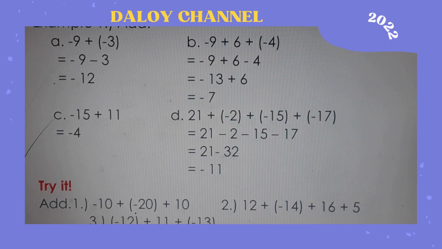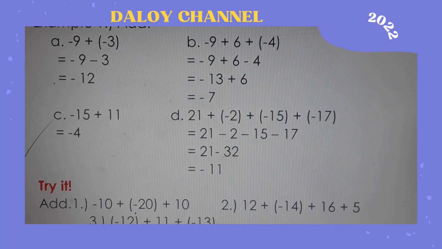For letter B, adding negative 9 plus 6 plus the negative 4. Again, same thing that we're going to do: you distribute or multiply the negative sign to the plus sign, so that becomes negative. So the expression now becomes -9 plus 6 minus 4. To make it safer, the next step is to add like signs.